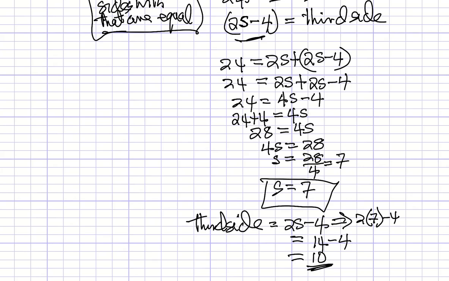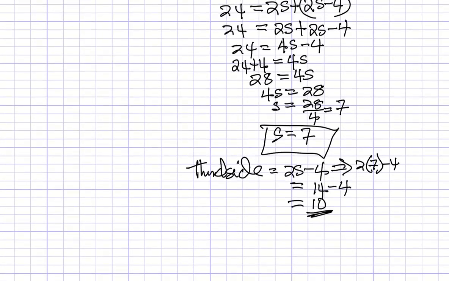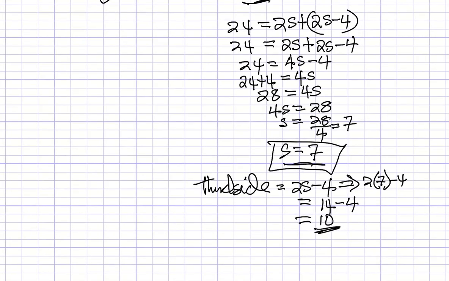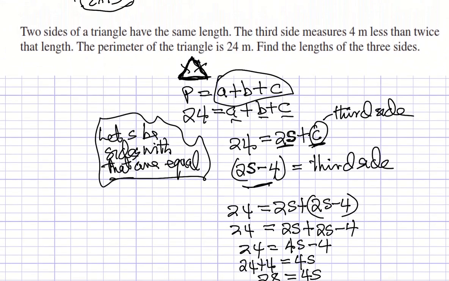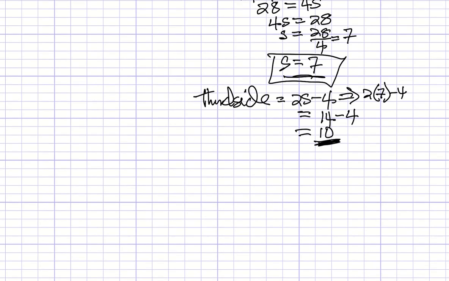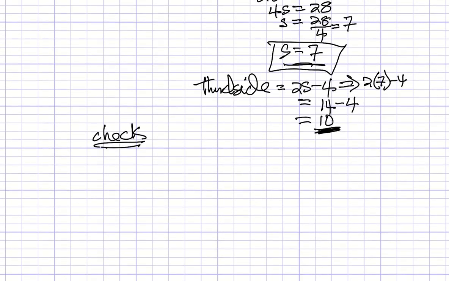What are the measurements? Is it 10 inches or 10 meters? So we'll have two sides of that length and the other side of that length. But the perimeter is all the sides, right? The way we check if we did anything wrong is we check the perimeter. The perimeter is 24.